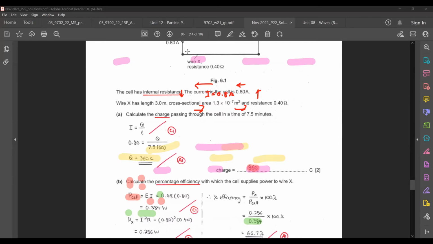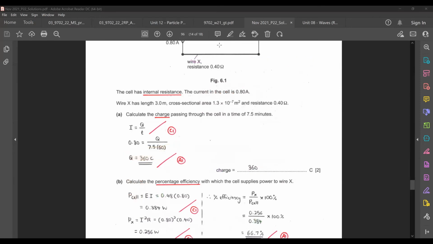Okay, then the next one they'll ask you to find is this. Find out the percentage efficiency with which the cell supplies power to wire X. So in our case here, if you want to find out the percentage efficiency, you can think about it as this.